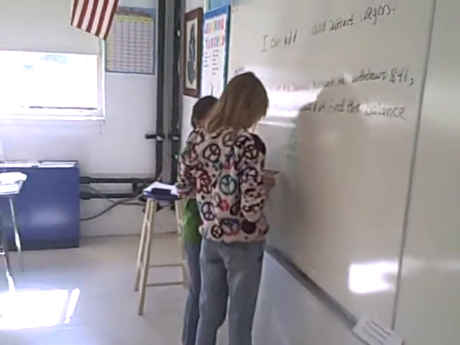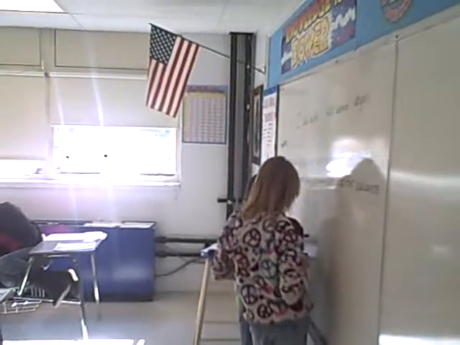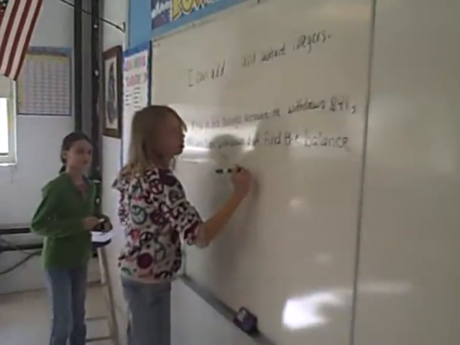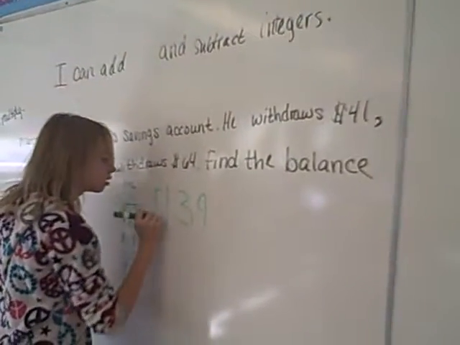Okay, let's check it. 13 take away 4 is 9. Maybe something you can do tonight is go home and ask Mom and Dad if they've ever added money in their account when they went to balance the checkbook, when they actually took away money. See if they ever put the money in the wrong column and they ended up with an account balance that was incorrect, which is trouble. Okay, you have to know how much money you have.